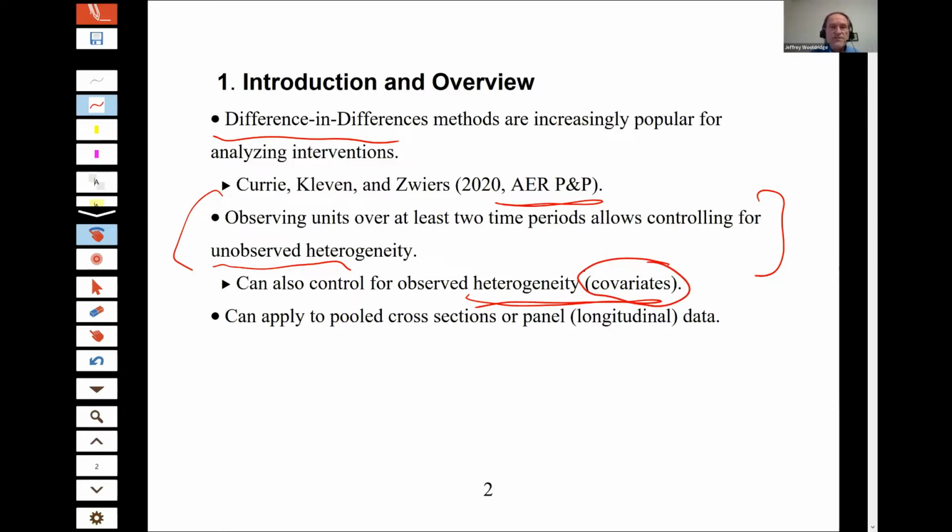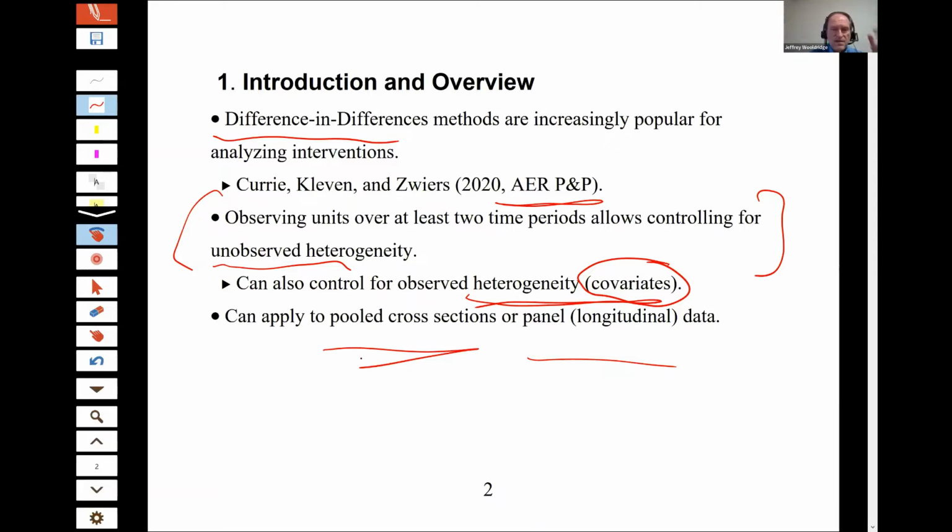Now, difference in differences methods can apply to pooled cross sections or panel data. I'm going to focus on the panel or longitudinal data case because that's the easiest one both to talk about and the notation is easiest. I've been known to claim in the past, when I've talked about the pooled cross-sectional case in the simplest case, that this is what statisticians would call analysis of variance, except that we're not really interested in the components of the variance, in breaking that down.